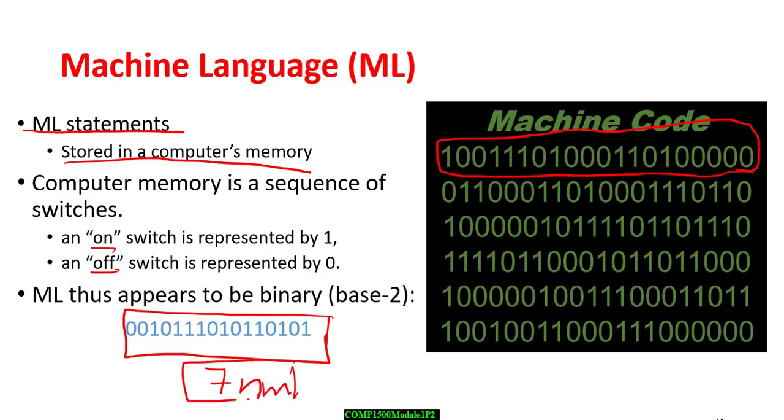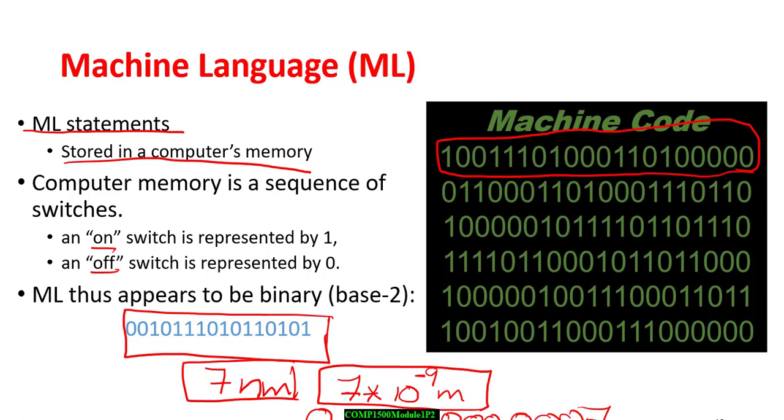This means each transistor, the size of the switch which holds either a 0 or a 1, is 7 multiplied by 10 to the power minus 9 meters.